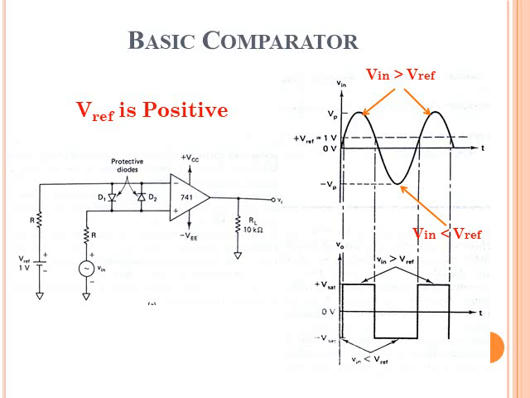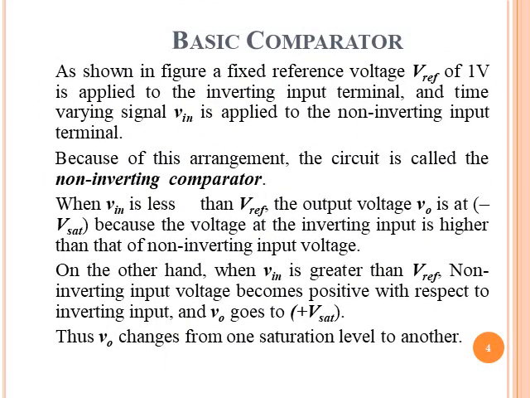So we can say we can convert this sinusoidal signal into a rectangular signal, or we can say an analog signal can be converted into a digital signal. So this is also an analog to digital converter, also known as a voltage level detector. This is the discussion for positive reference voltage.